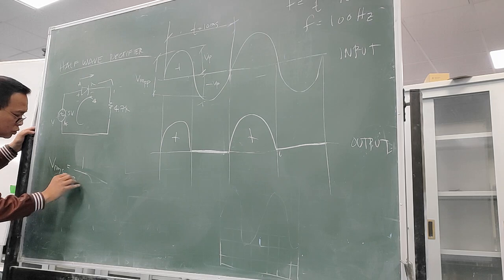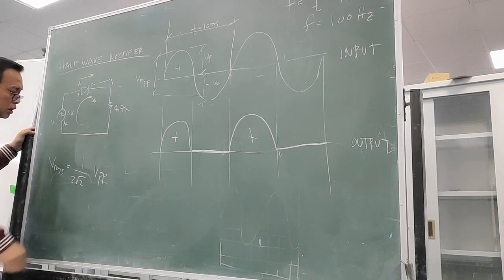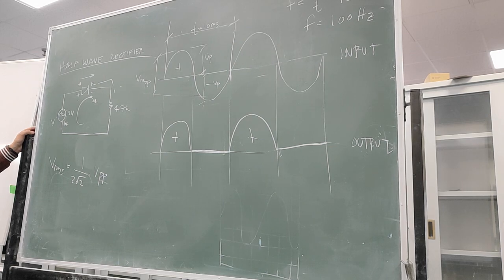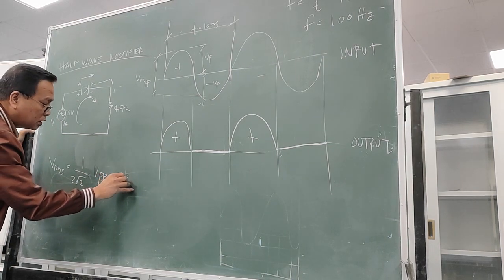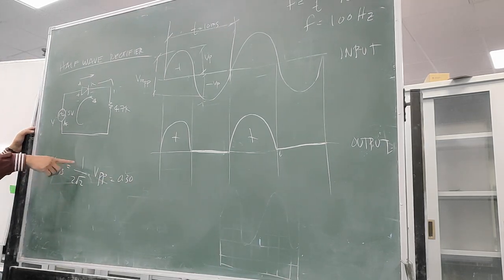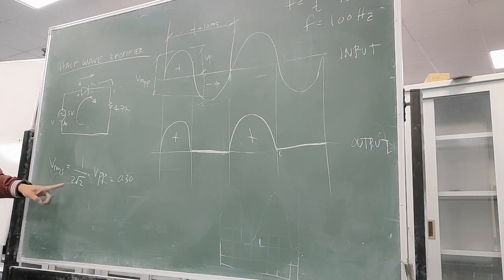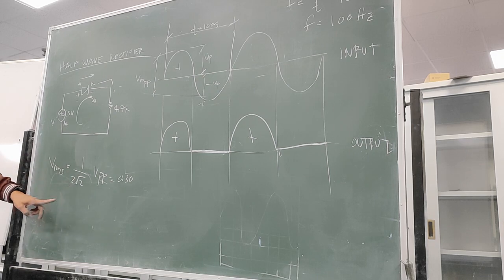The formula will be 1 over 2 square root of 2 multiplied by voltage peak to peak. Okay? Or that will be equal to 0.3, I think 0.303. Can you calculate this one? 1 over 2 square root of 2. What's the value of this? 0.303 or 0.305, something like that.